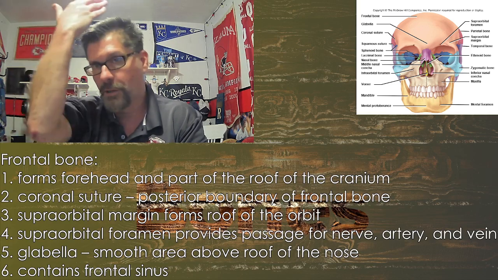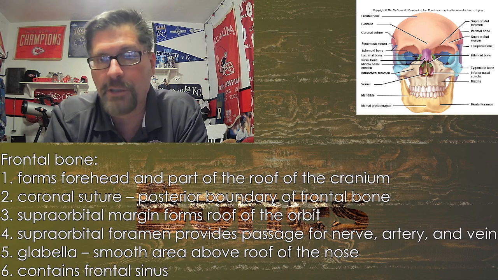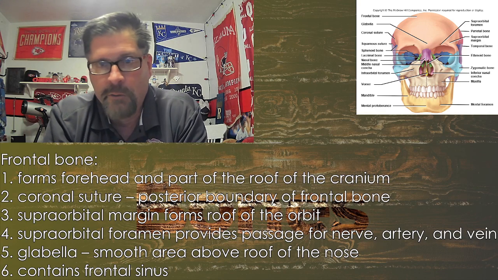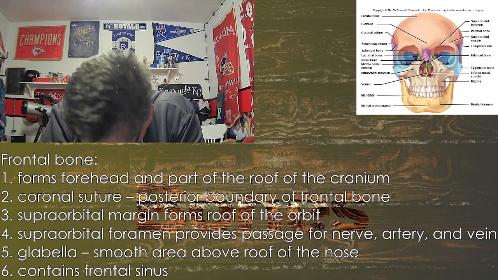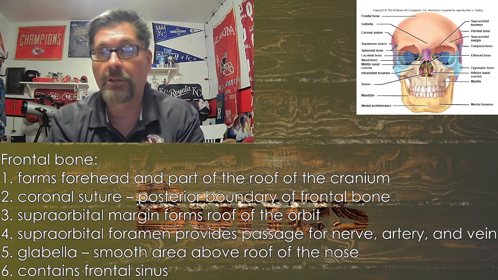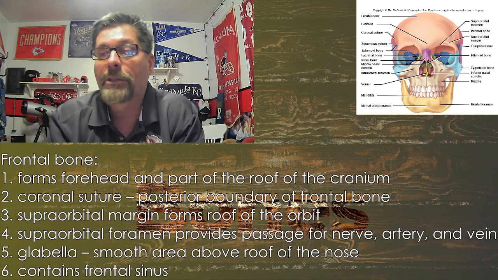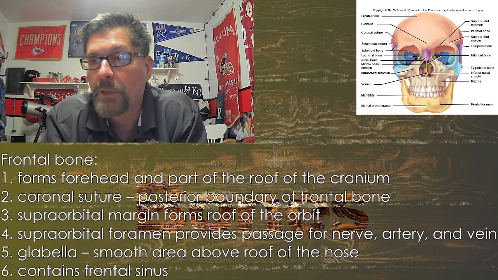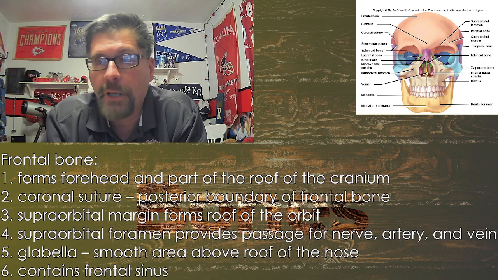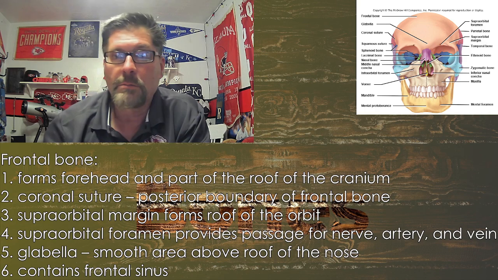And of course there's a sagittal suture that separates the two sides of the parietal. Excuse me, I said parental, I meant parietal. It's easy to mispronounce, but parietal is the peach colored structure.